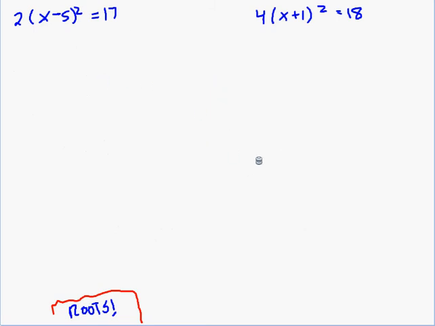Now, if I were doing the quadratic formula on this one, I need a 0 right here, and I need to expand this. So I'm going to go ahead. When I expand this, I'm going to expand this part first. This times both of those. This times both of those.